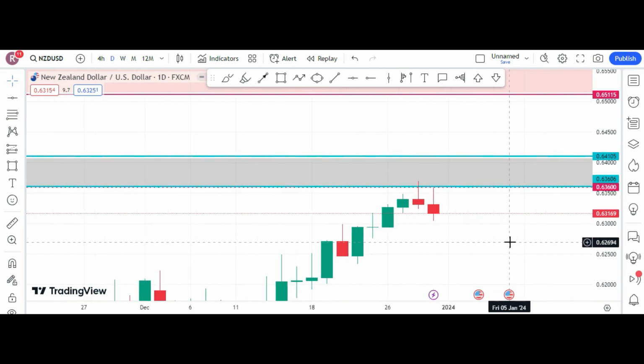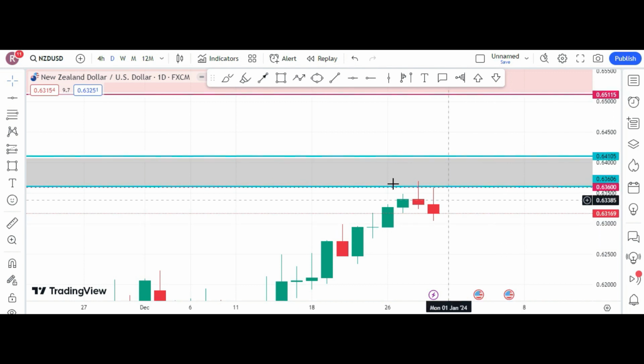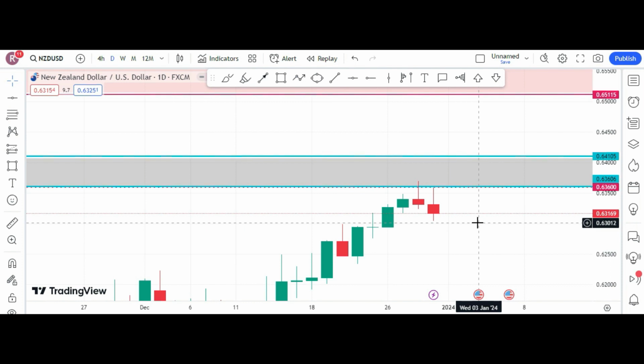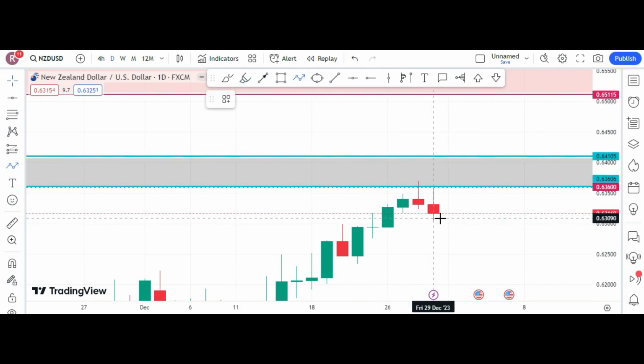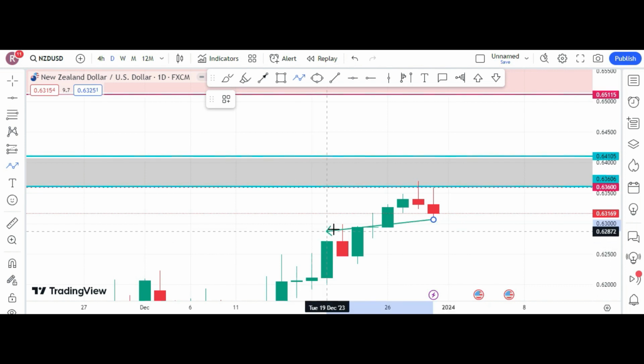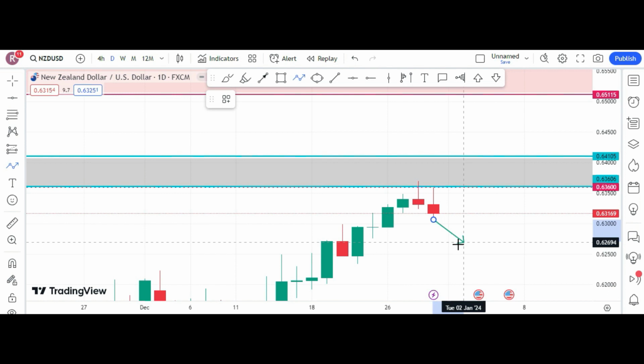So I would like to be bullish about New Zealand dollar and USD at the moment. Yes, I would like to go for bullishness here. So my preference will be, it may retest this area, this guy. It can retest this area.